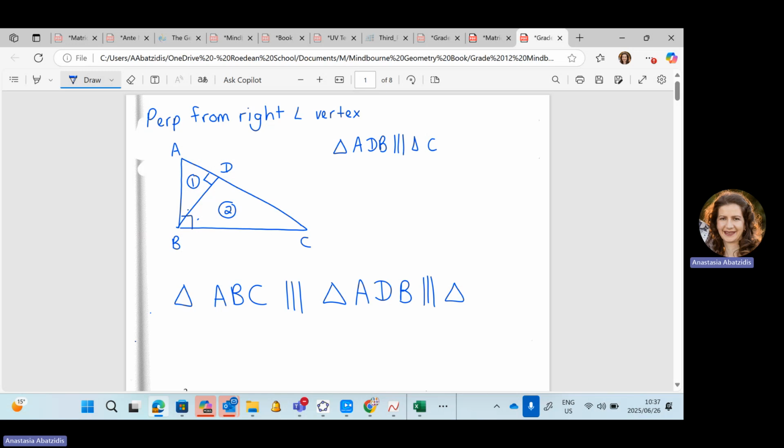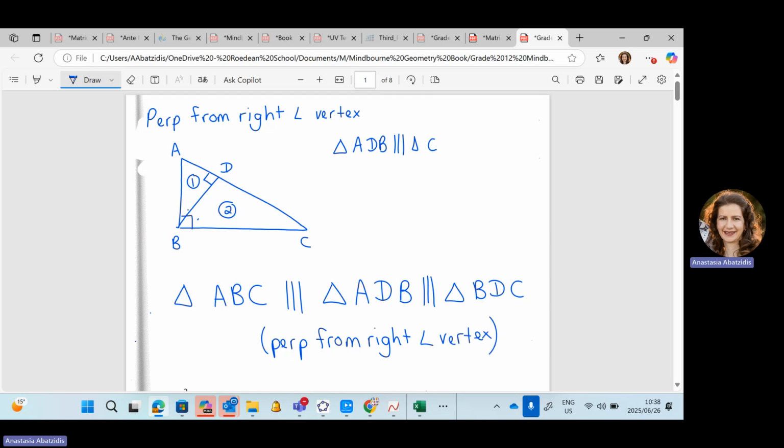C is the common one, so you must end with C. This is the right angle. So BDC. And the reason is from right angles.